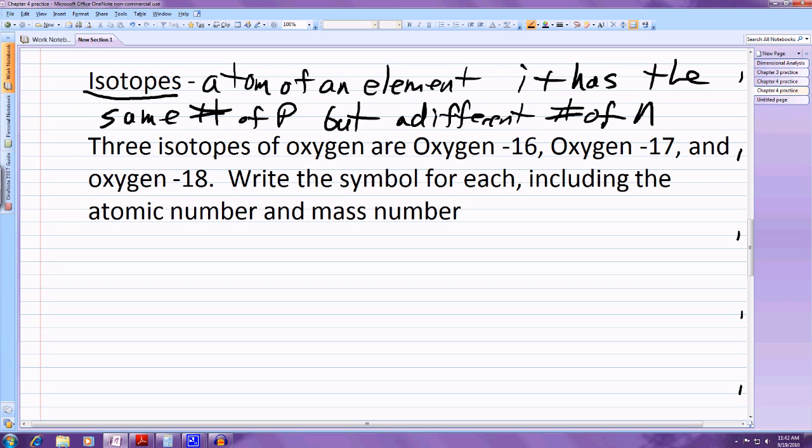So when we're talking about three isotopes of oxygen, oxygen 16, oxygen 17, and oxygen 18, write the symbol for each, including the atomic number and the mass number. It's fairly easy to do, actually.